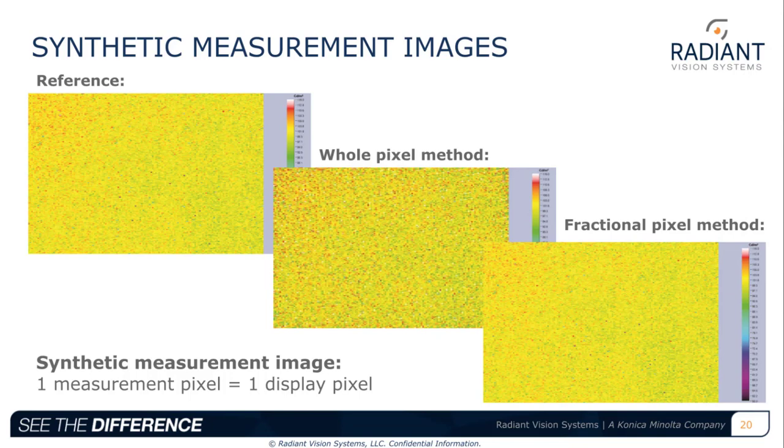In these measurements, you can see that the reference is smooth and appears much more like the fractional method versus the whole pixel method, which is much more variable, much less smooth than the reference measurement. Let's look in more detail.